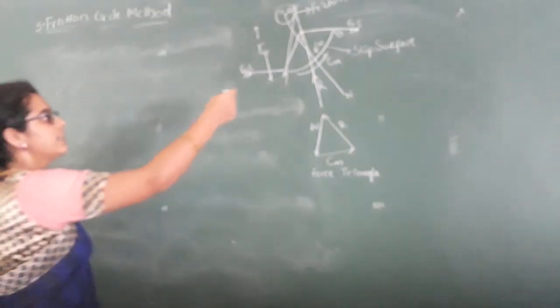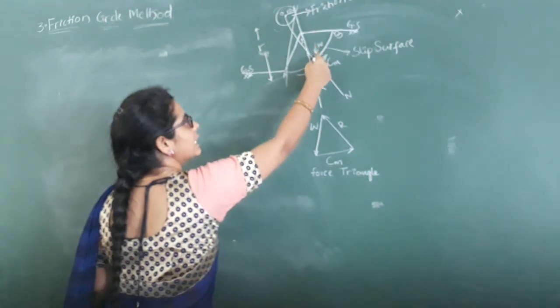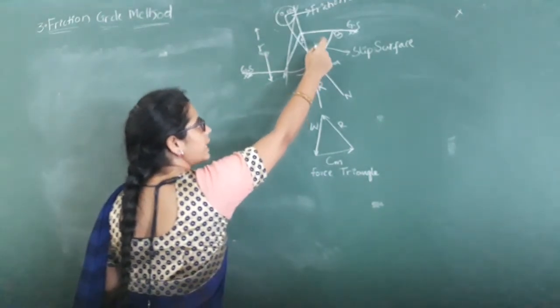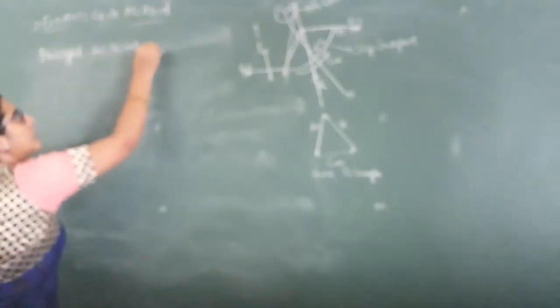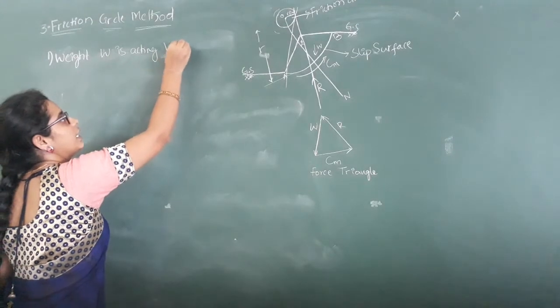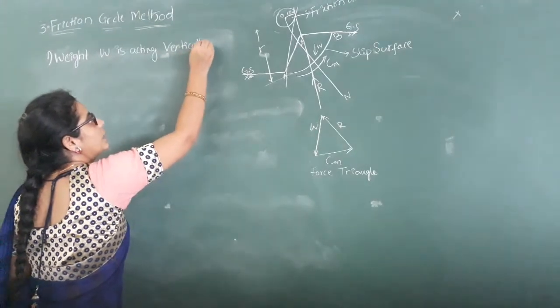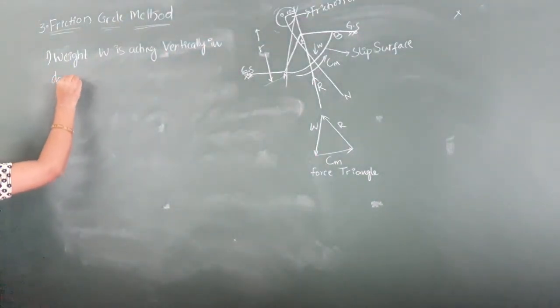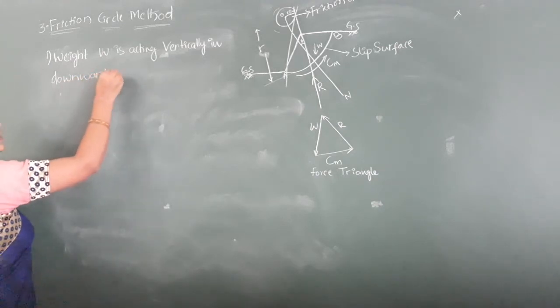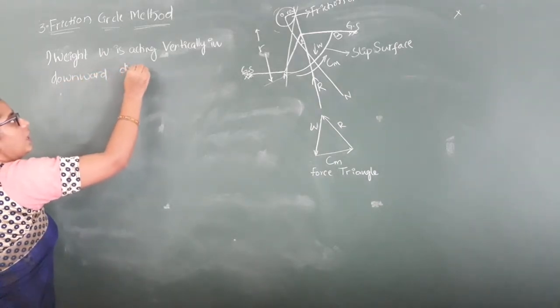The first one is W, the weight of soil or weight of slope, acting vertically in the downward direction, or in the direction of gravity.